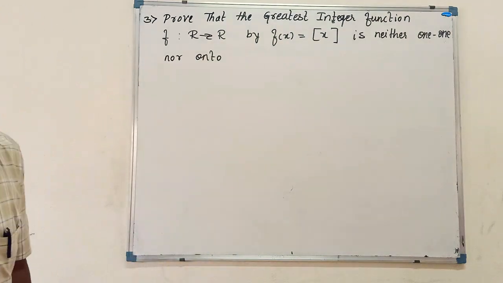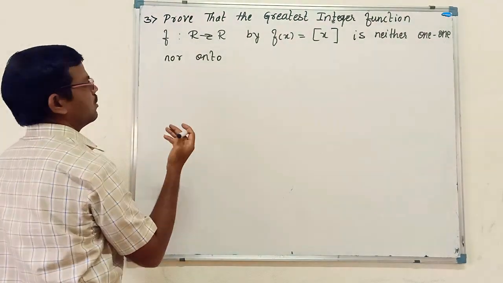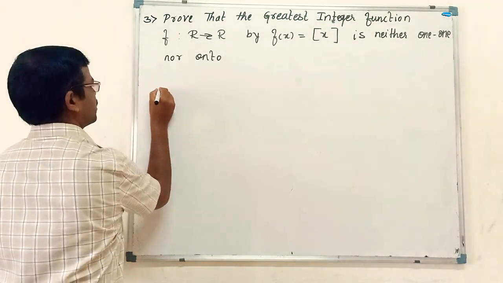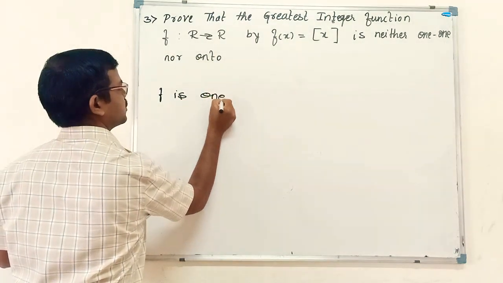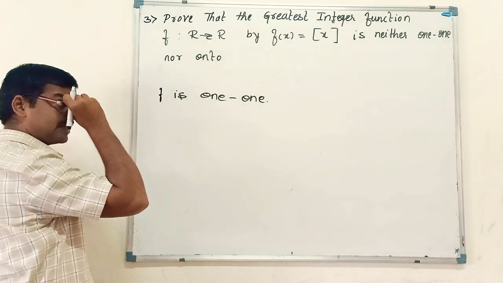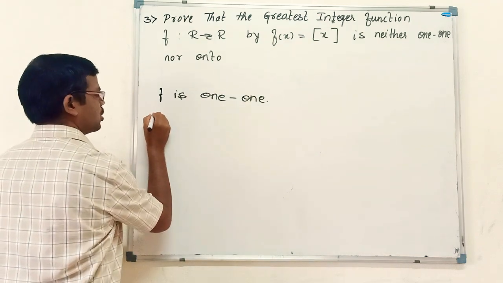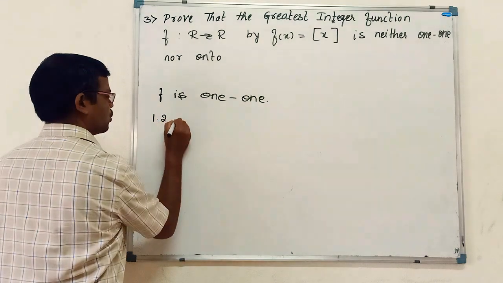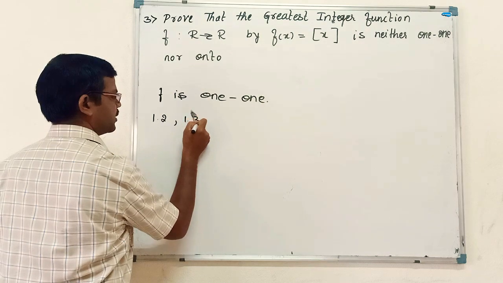So let me come to the greatest integer function. First, one-one. For one-one, let me consider two distinct real numbers, 1.2 and 1.3.